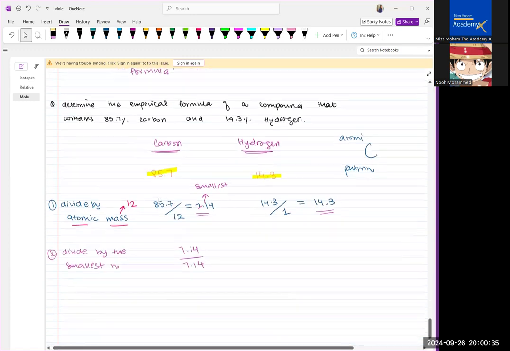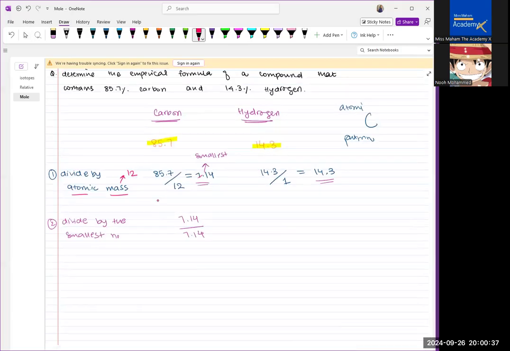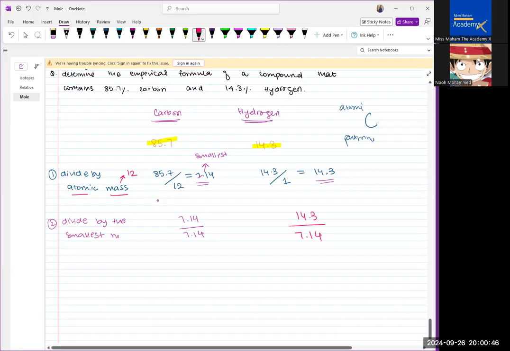That's exactly what we're doing here as well. The smallest number turns out to be 7.14. So 7.14 divided by 7.14 and 14.3 divided by 7.14. So 1 and 2. This is your simplest whole number ratio.